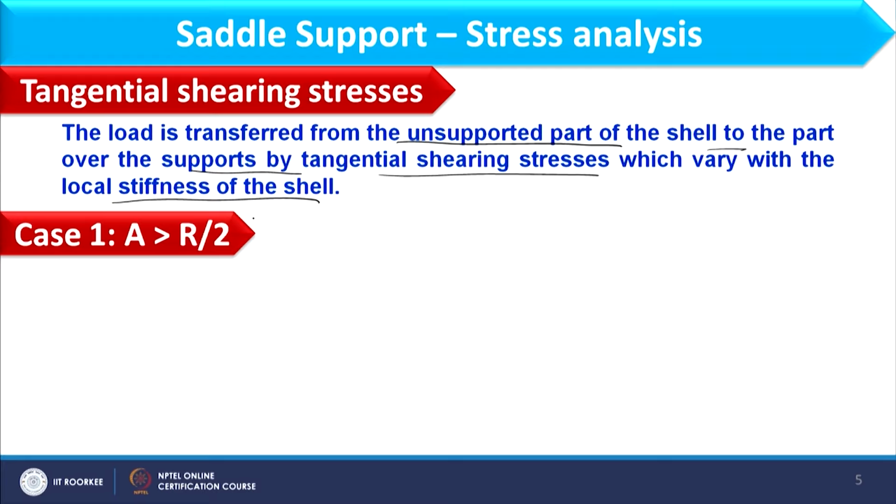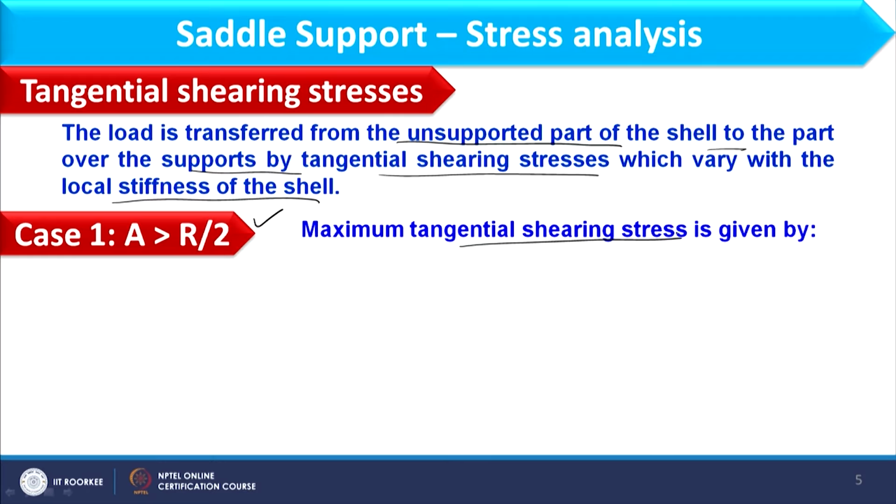Whatever that part we have, we will consider as unsupported part. Here I am having case 1 where A is greater than R by 2. Now, what is A? If you remember, we have discussed earlier that it is the distance from edge of shell to the middle point of the nearby saddle.